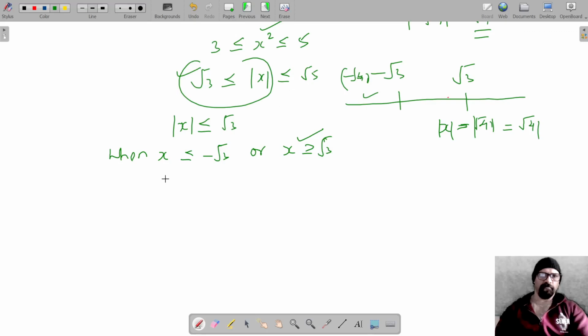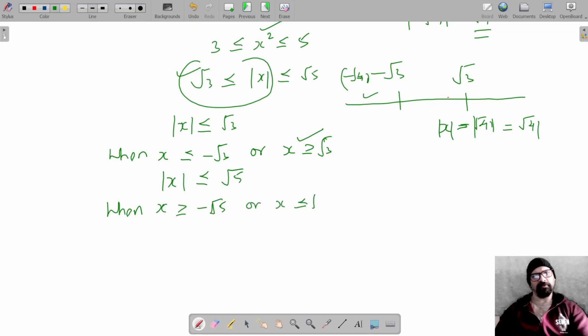Now for modulus of x less than or equal to root 5, this would be the case when x is greater than or equal to negative root 5 and x is less than or equal to root 5, because the modulus of negative root 5 is root 5, so x lies between negative root 5 and root 5.